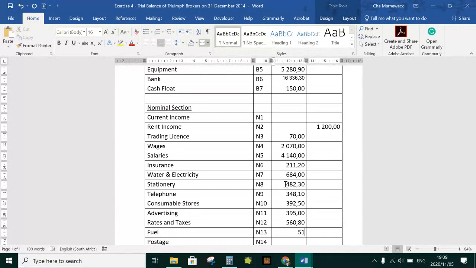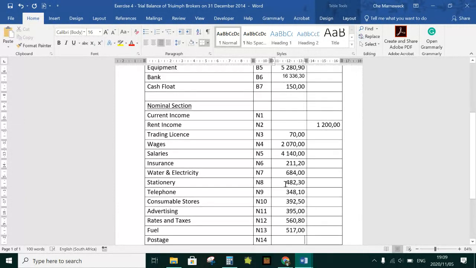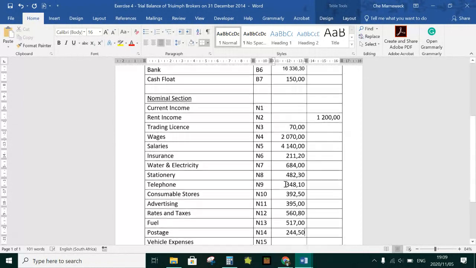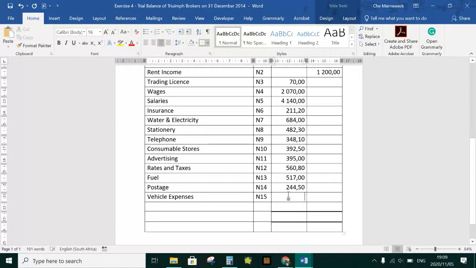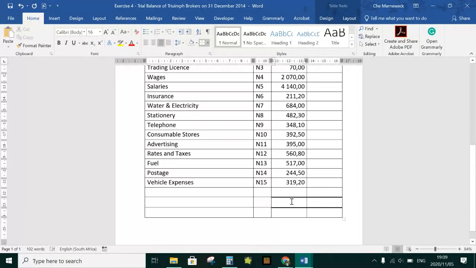Fuel is 517. Postage is 244.50. And vehicle expenses is 319.20.